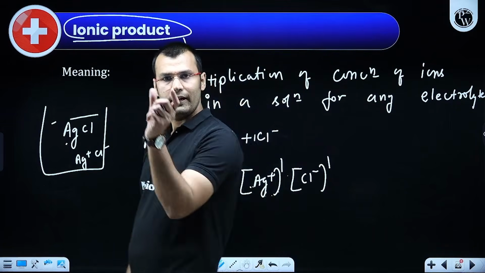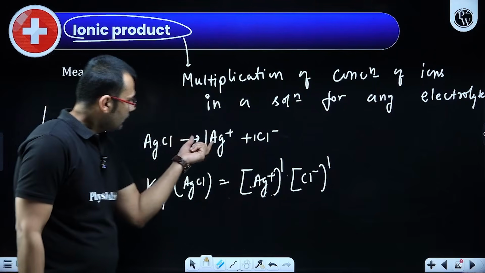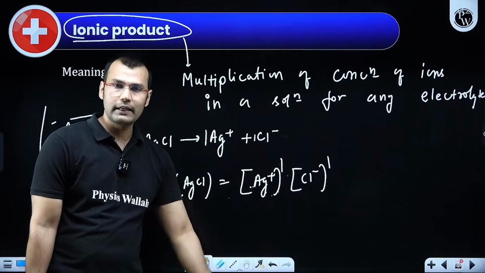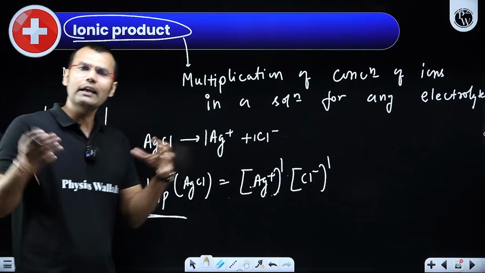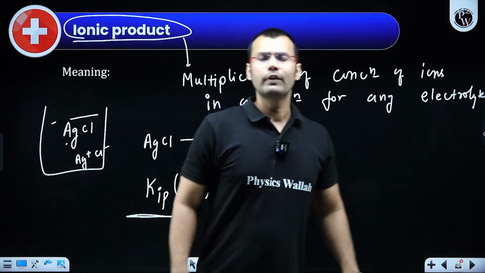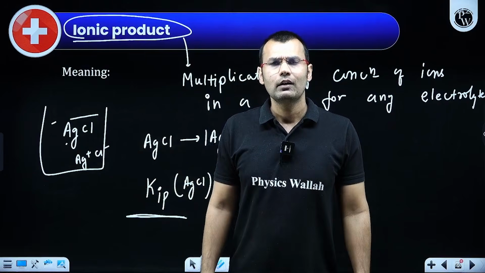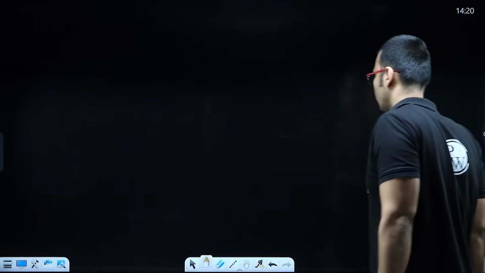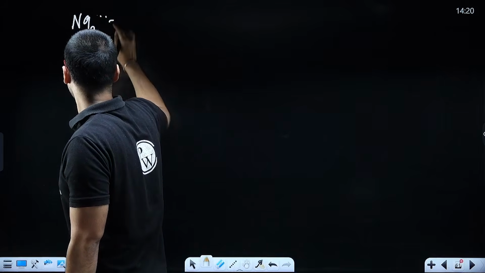For any electrolyte, for any sparingly soluble salt, if you multiply the concentration of its ions to the power of the stoichiometric coefficient, that gives you the ionic product, right? Now at any time for any salt, if I know the concentration of ions, I can find my ionic product, and that's a very easy task. For example, suppose I have this salt Na2SO4.